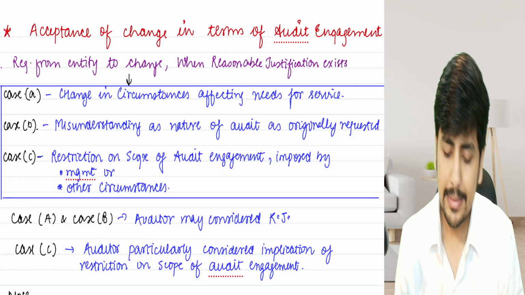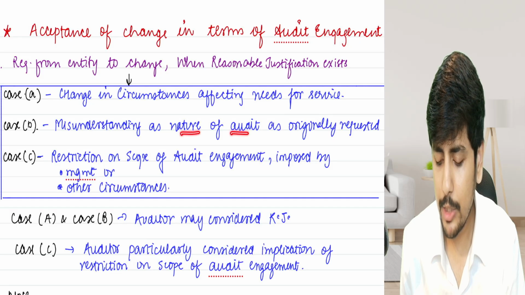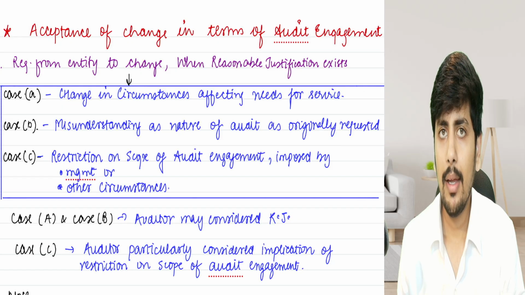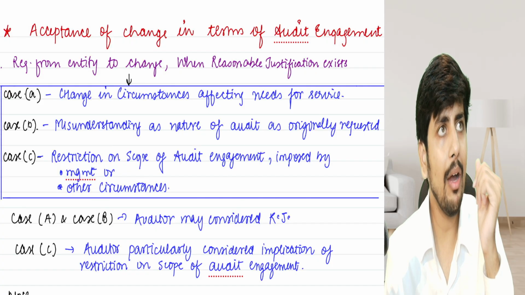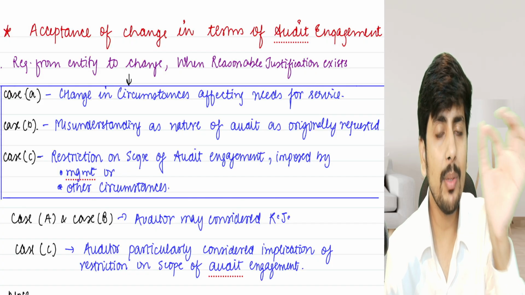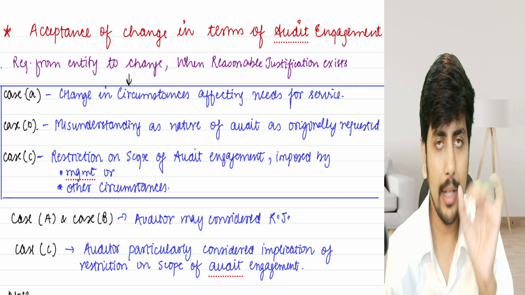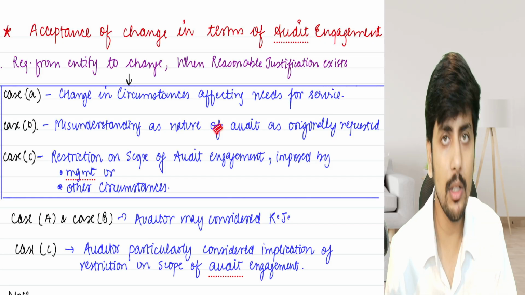Okay, sir. Second, there is some misunderstanding as to the nature of the audit as originally requested. So the engagement was of audit, but the client has a misunderstanding that audit gives 100% absolute assurance. That is wrong. That is a misconception or misunderstanding of the nature of the audit.